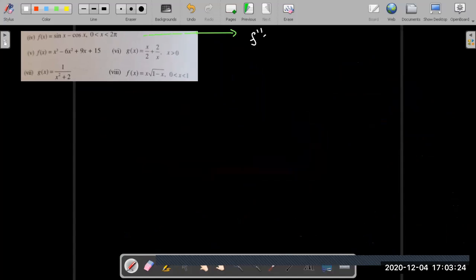f double dash x equal to cos x minus minus sin x, that's equal to cos x plus sin x. This is f dash x, not f double dash x.